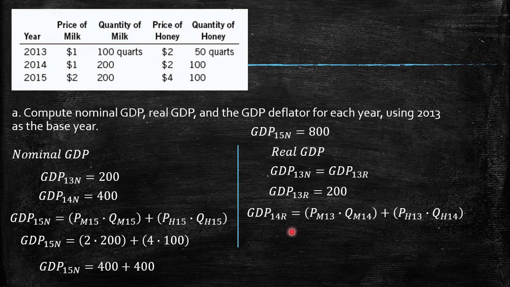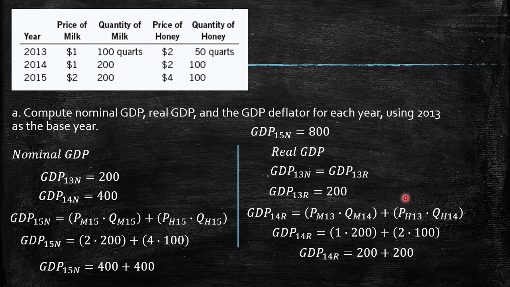Then for 2014, this is the difference. Instead of computing with 2014 prices, you use 2013 prices for honey and milk. So we have 1 and 2, and then we end up with 400.